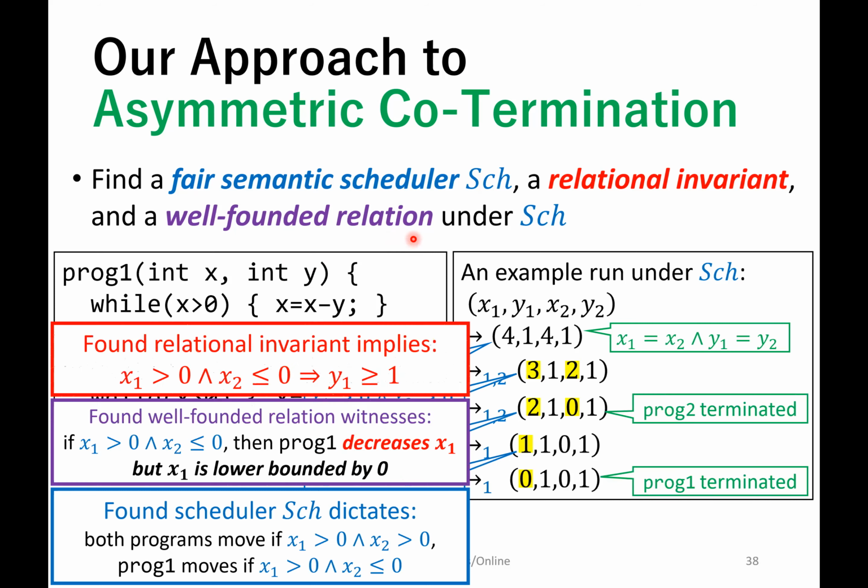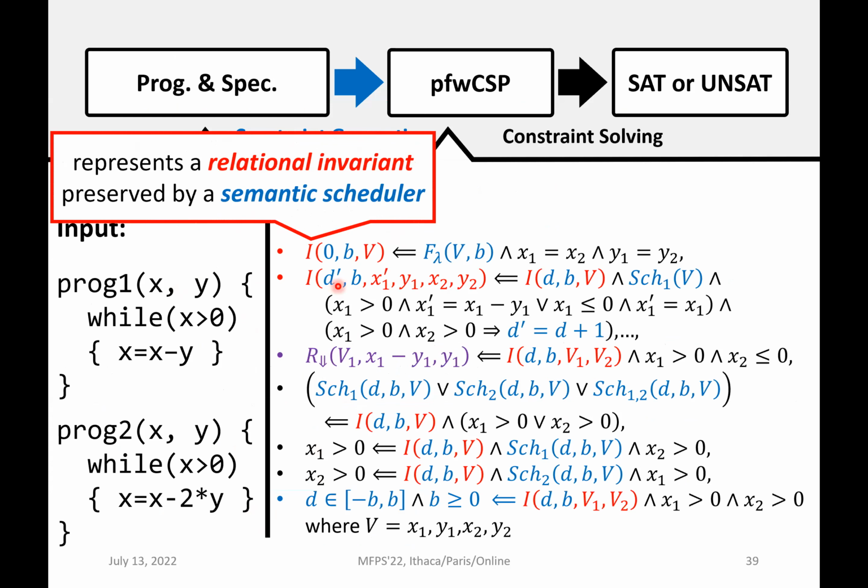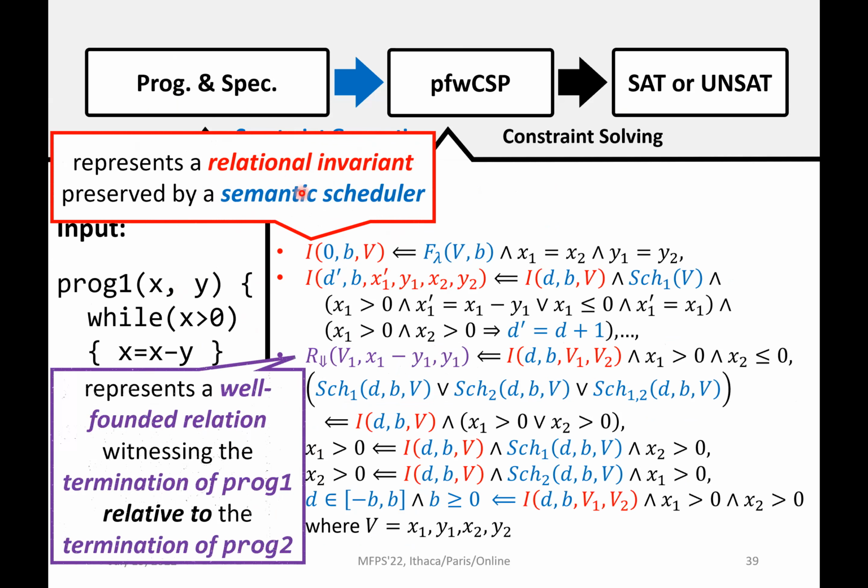The synthesis problem is again reduced to a constraint solving problem like this, which states that here I represents a relational invariant preserved by a semantic scheduler. And we need to synthesize a well-founded relation witnessing the termination of program 1 relative to the termination of program 2.